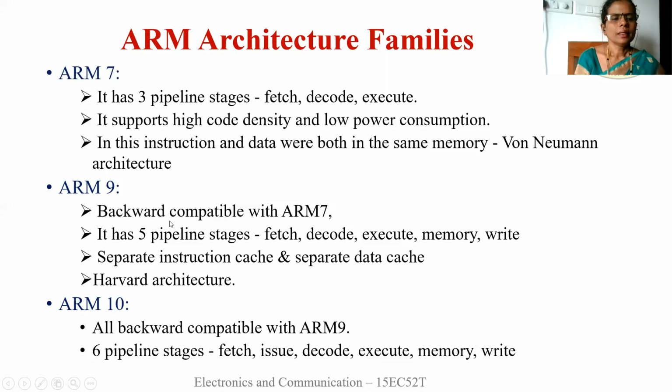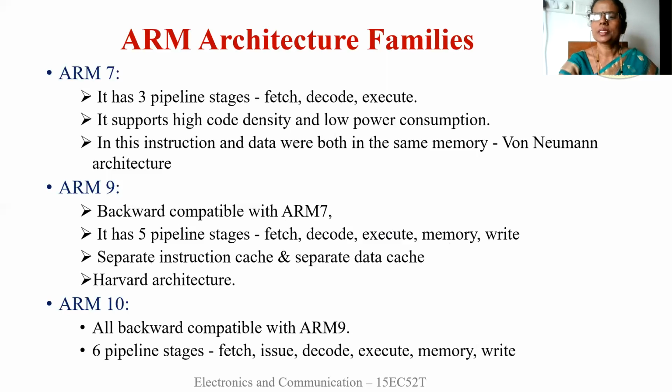Then ARM9. It is backward compatible with ARM7: whatever features ARM7 has, ARM9 is compatible with. But it has five pipeline stages. Fetch, decode, and execute are already there in ARM7. Two more stages are there, the memory stage and the write stage.